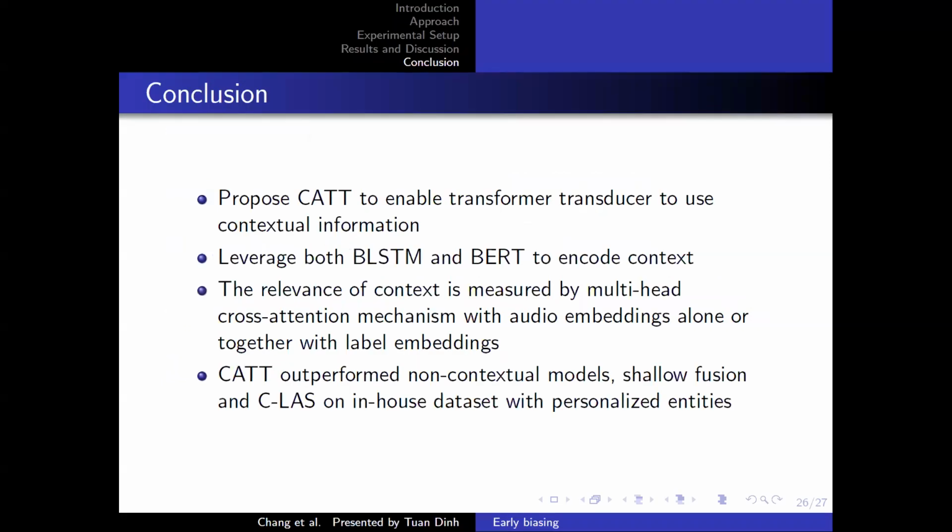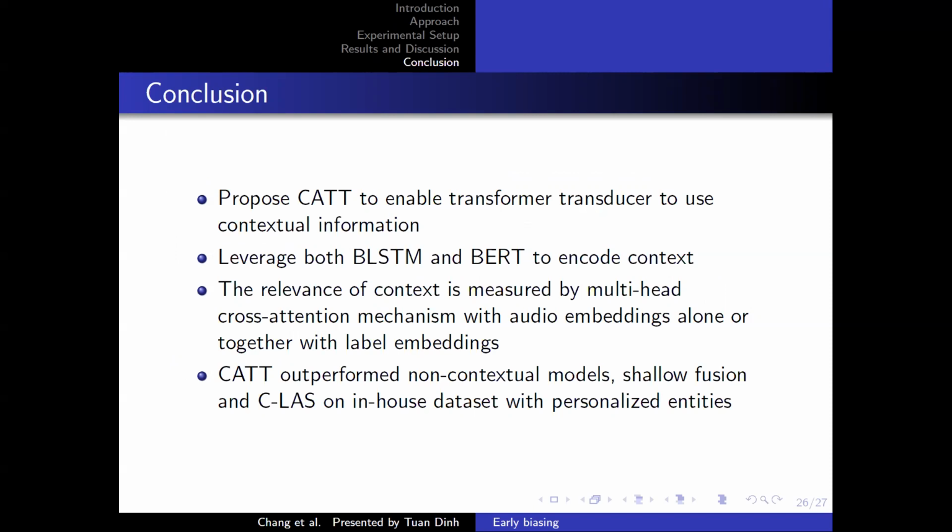In conclusion, this work proposed CAT to enable the transformer transducer to use contextual information, leveraging both BLSTM and pre-trained BERT to encode contextual information. We could get significant word error rate reduction.